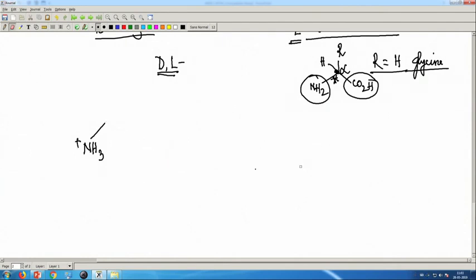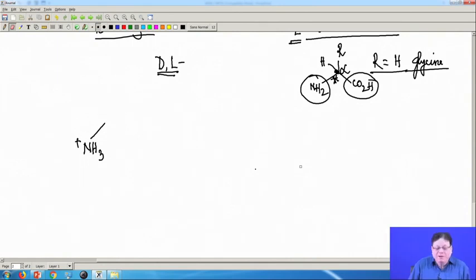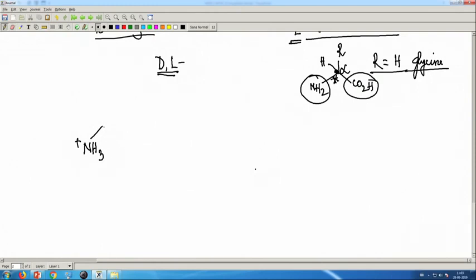So, if an amino acid is taken in an acidic medium, suppose with a pH of 1, then what will happen? The NH2 group, being a basic group, will be present as NH3 plus. The carboxylic acid will be present as CO2H, because at this pH the carboxylate ion cannot be present.